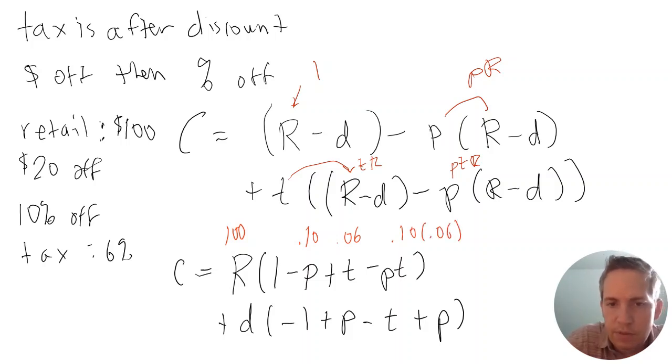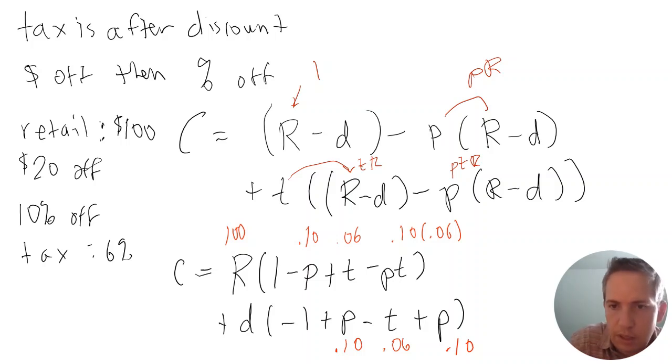So what I end up getting is, I'm going to do this in the parentheses, 1 minus 0.10 plus 0.06 minus 0.1 times 0.06. And then I multiply that by $100.